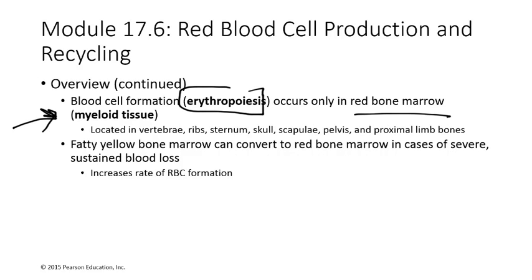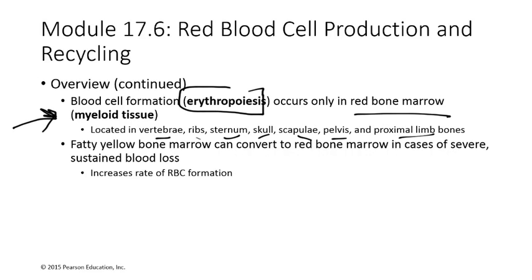That's going to be in your vertebrae, your ribs, your sternum, the flat bones of your skull, the scapula, the pelvis, and the proximal humerus and the proximal femur. So primarily, it's the flat bones, the irregular vertebrae, and the long bones of the upper arm and upper leg.